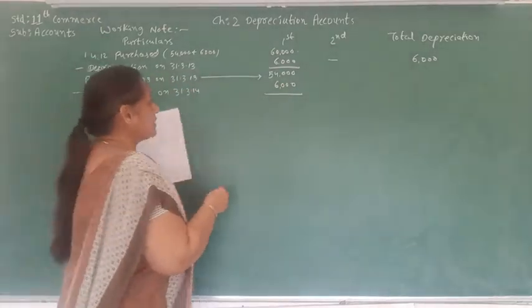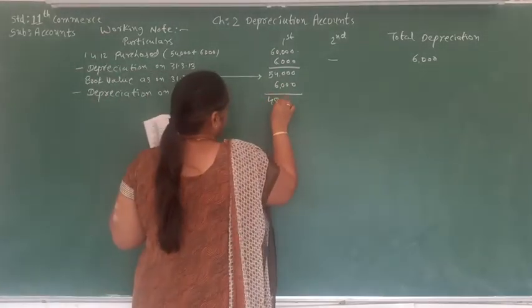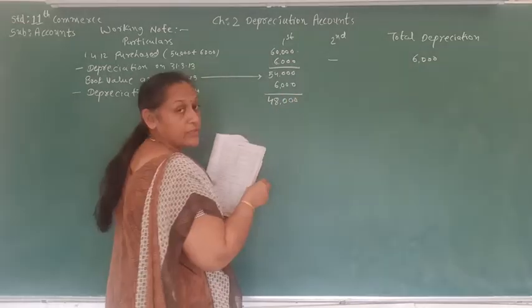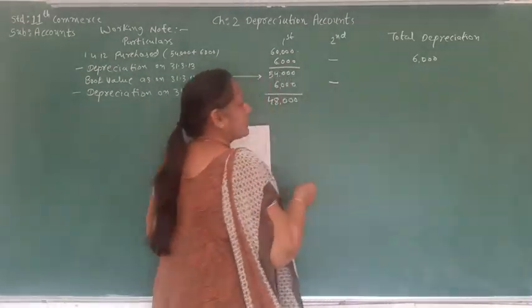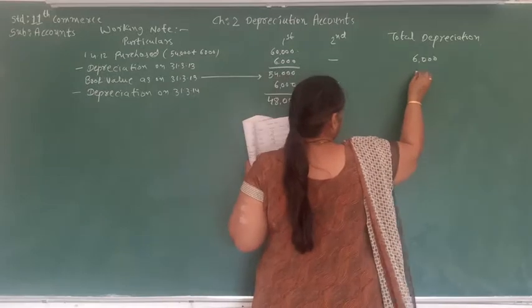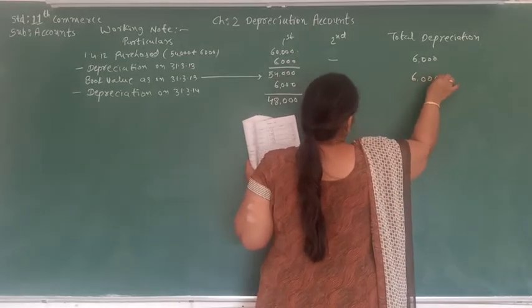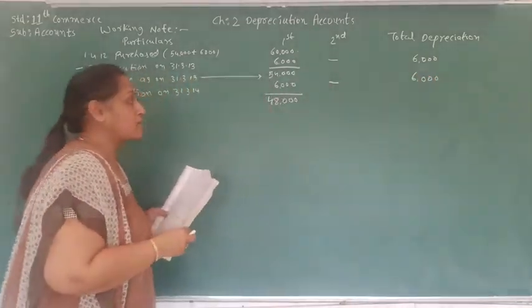So after the ending of the second year, the book value of the machine will be 48,000. Second machine is not yet purchased, so total depreciation at the end of the second year will be 6,000.